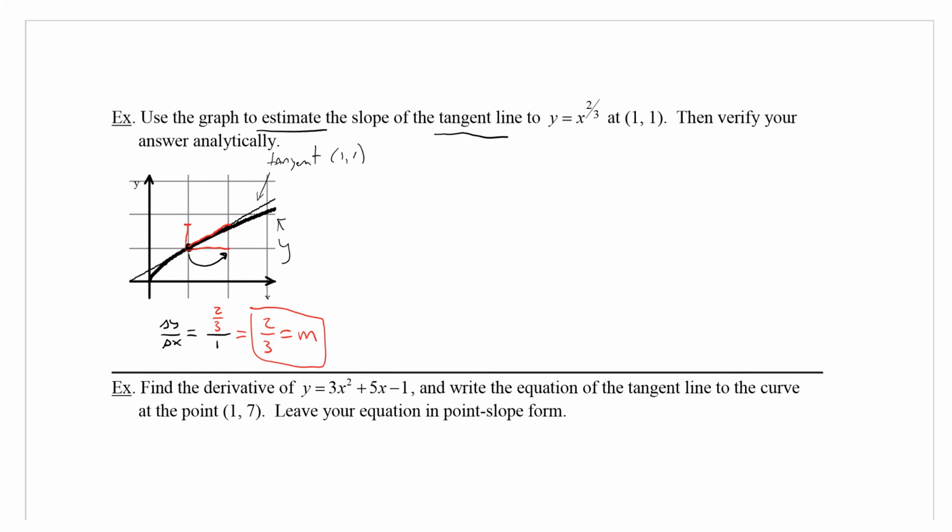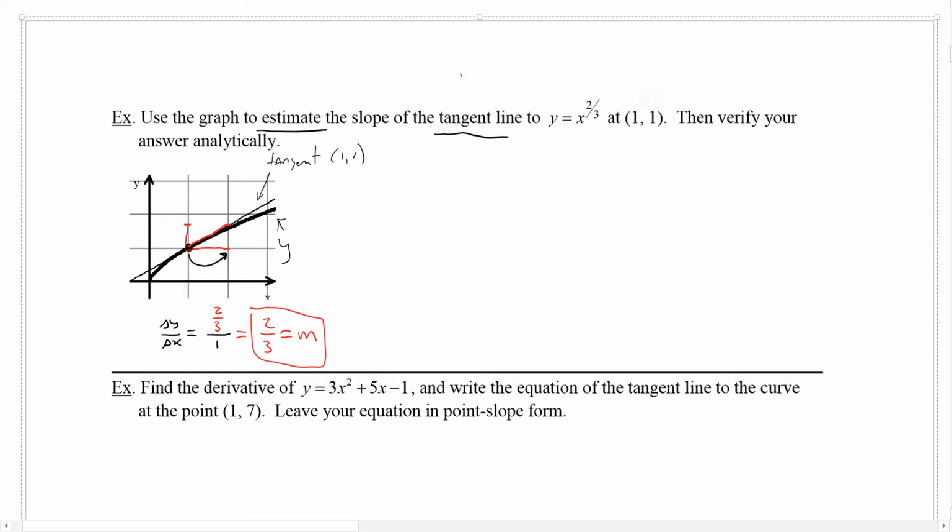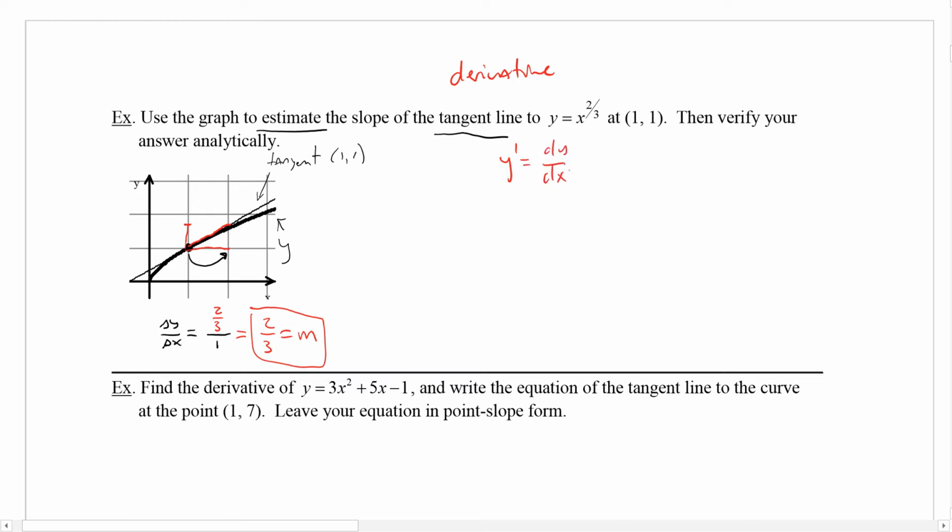To find the slope of the tangent line at any point, this means to take the derivative. So let's take the derivative of y. The derivative of y is y prime, or dy/dx, so start getting used to those two notations. Now what's the derivative of x to the 2/3? Drop the power 2/3, keep the x, and then take 1 away from the power.